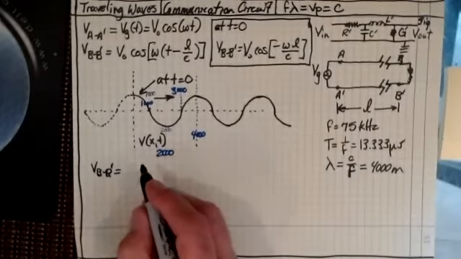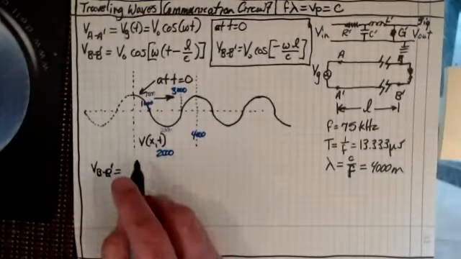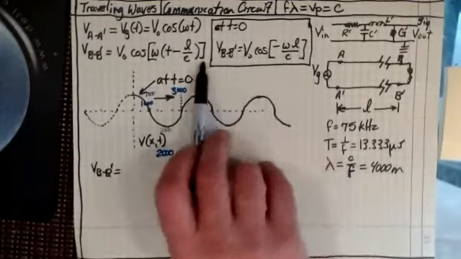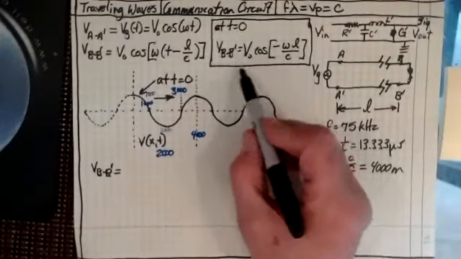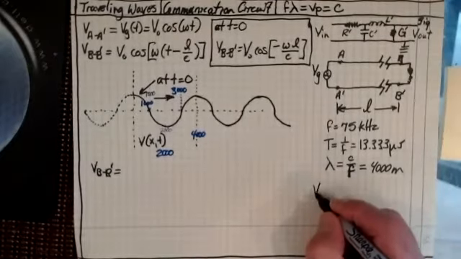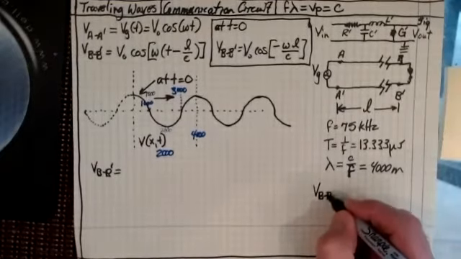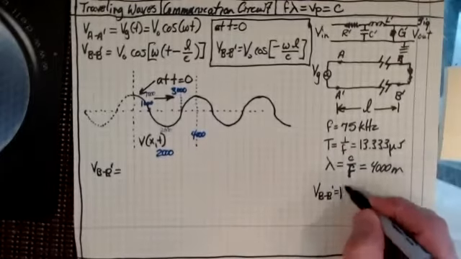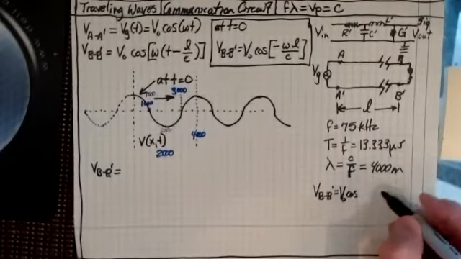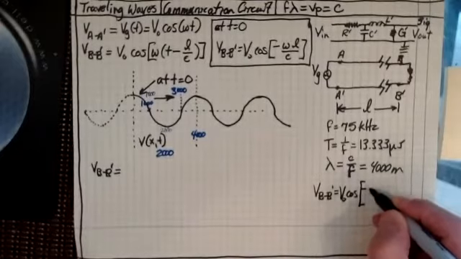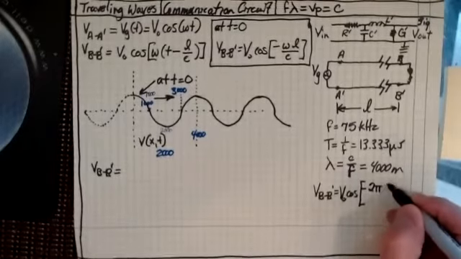Now let's expand this out a little bit, just the general equation of V prime. Let's replace a couple of those things. So I've got V0 times the cosine, but then what is omega? Isn't that minus 2 pi f?